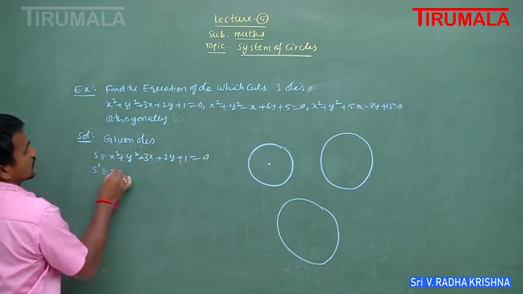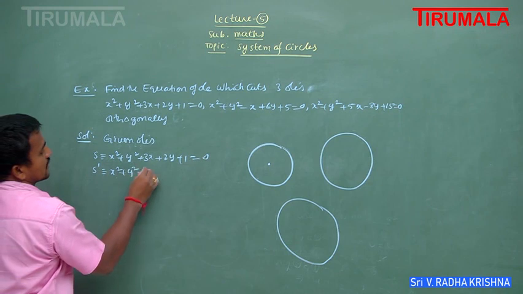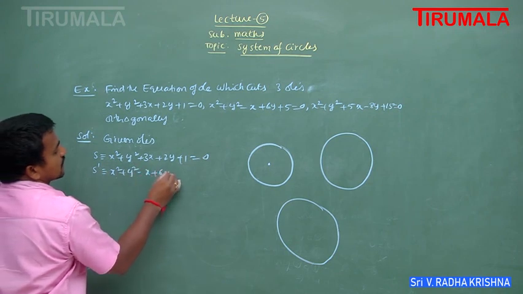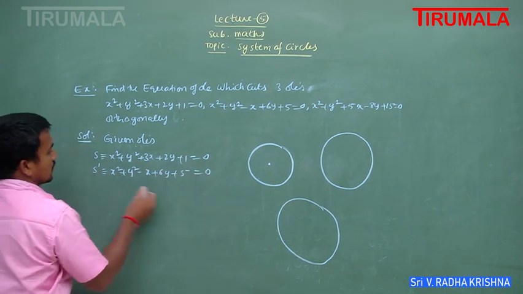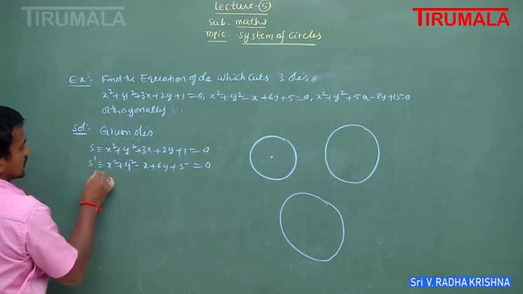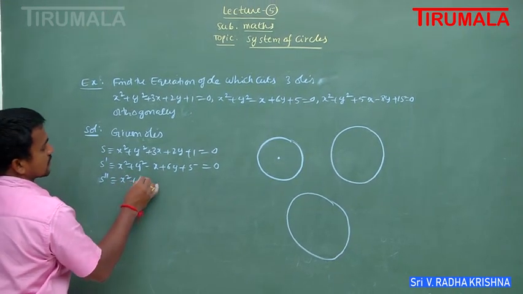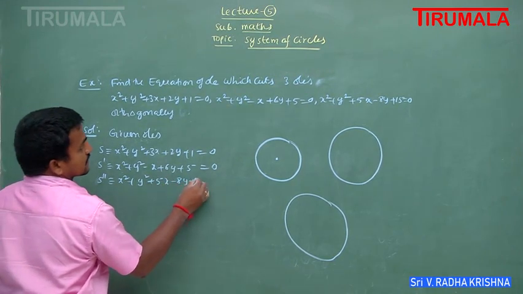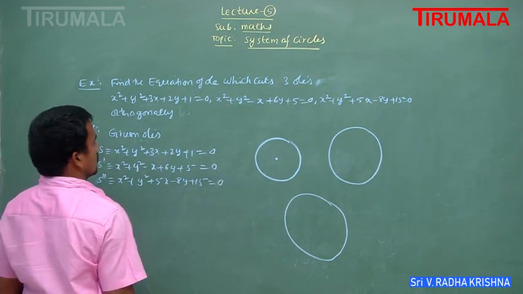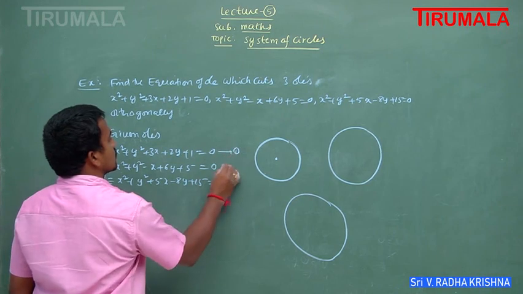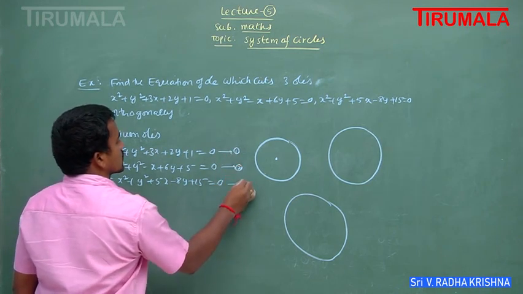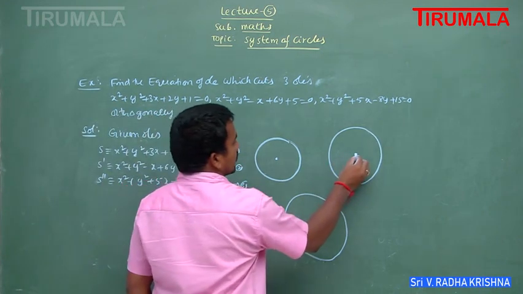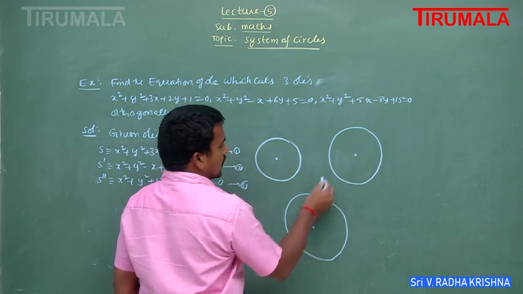S', x square plus y square minus x plus 6y plus 5 equal to 0. Next one, S'', x square plus y square plus 5x minus 8y plus 15 equal to 0. These are equations 1, 2, 3. So find the equation of the circle which cuts the three circles orthogonally.